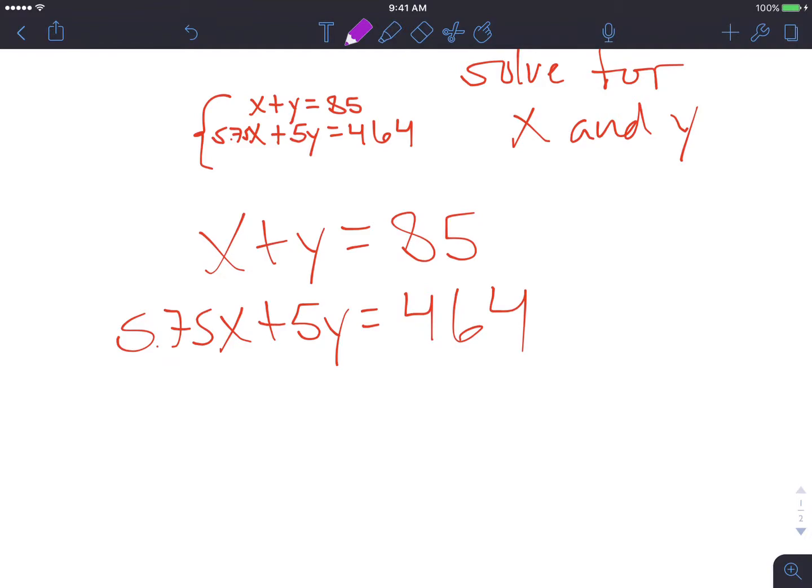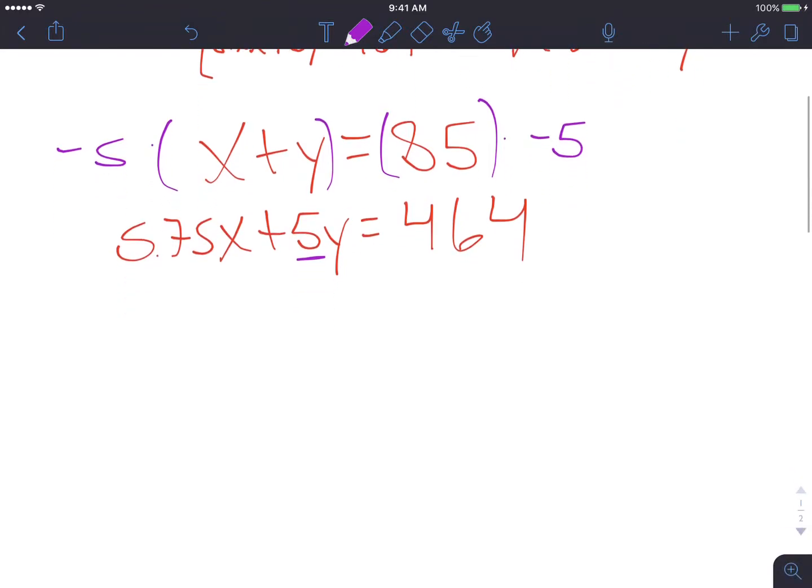So if it's positive 5y right here, what's the opposite of positive 5y? Negative 5y, right? So I'm going to multiply this equation here by negative 5.